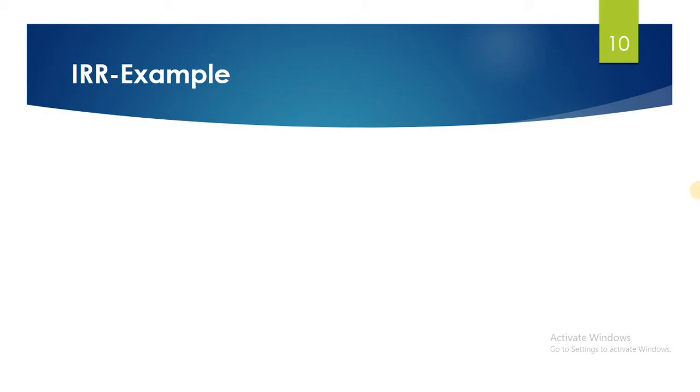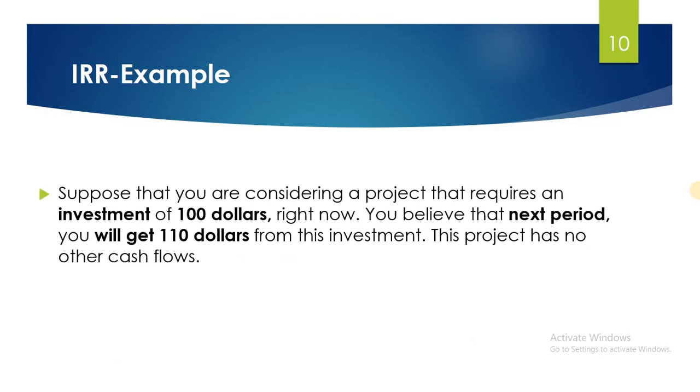Now let's look at an example of IRR. In this example, your investment is $100 and after 1 year, you will receive $110. Now, you need to find out the internal rate of return of your investment.